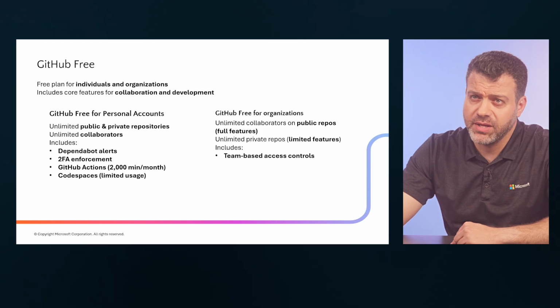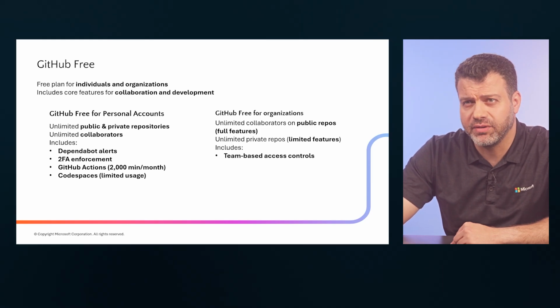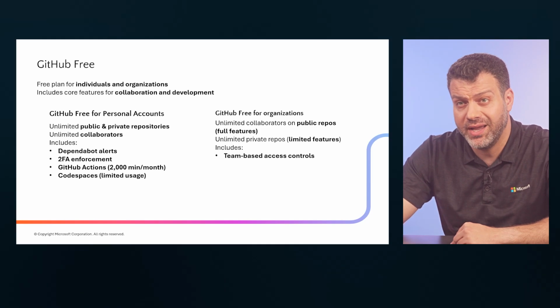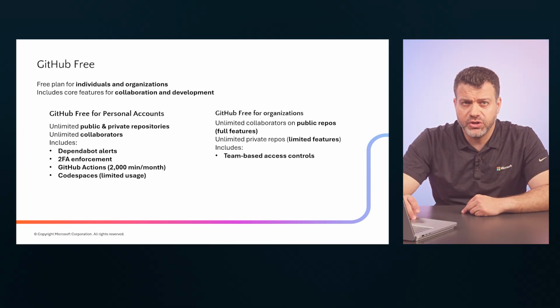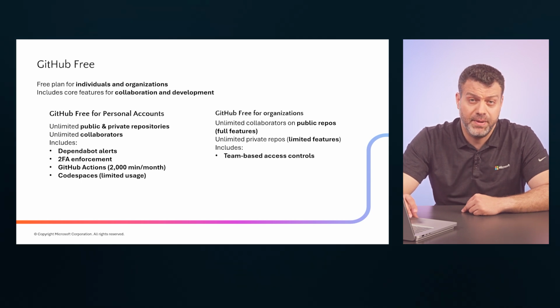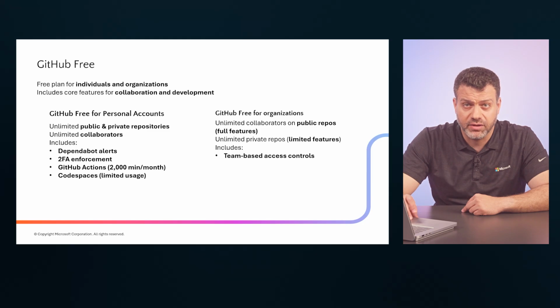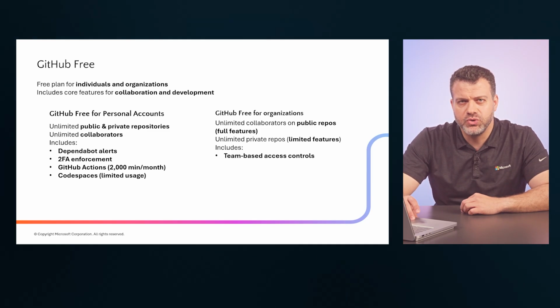First of all, let's talk about GitHub Free. It is the entry-level plan. It's available for individuals and organizations. For a personal account, it includes unlimited repositories and collaboration, among some key features. So you still have some Dependabot alerts, multi-factor authentication or 2FA, GitHub Actions, and limited Codespaces usage.